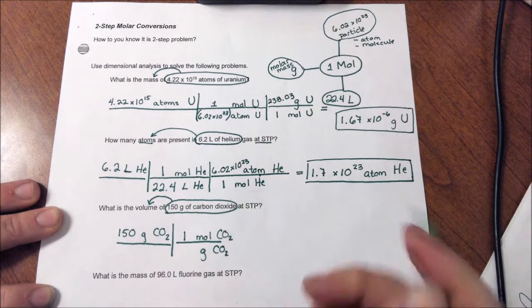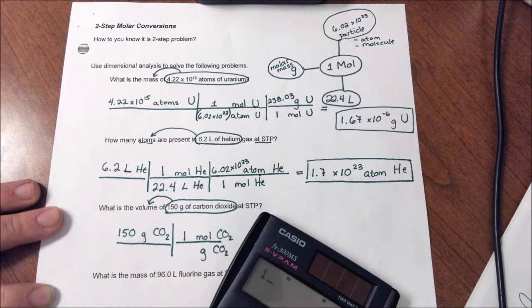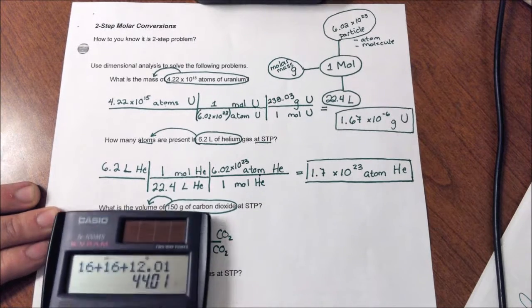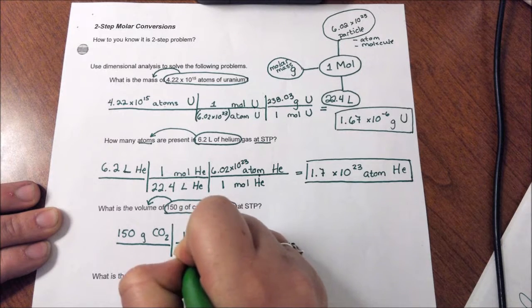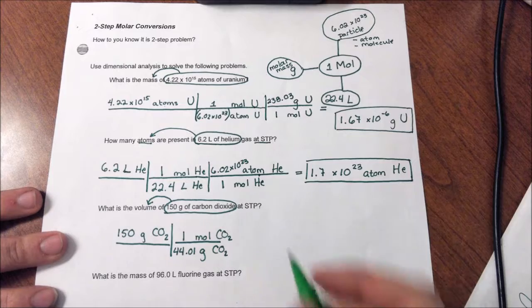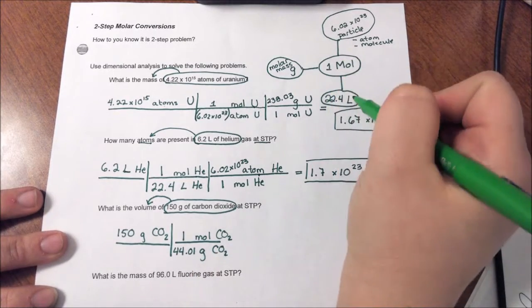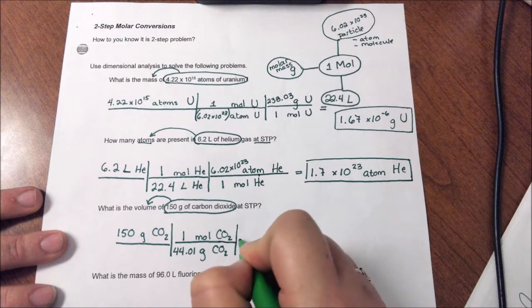So I know 1 mole of CO2 has a molar mass of, well, we've got 16 plus 16 plus 12.01, 44.01 grams of CO2. But I don't want to stop at mole. I'm going to liters because we're at STP and we're going for volume.